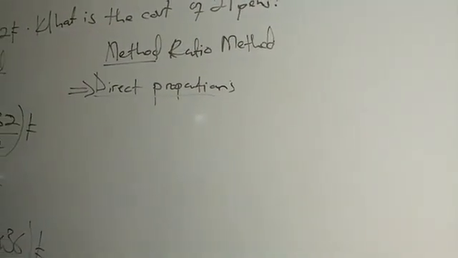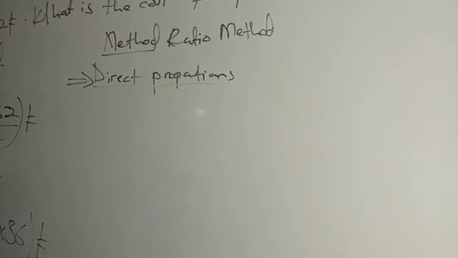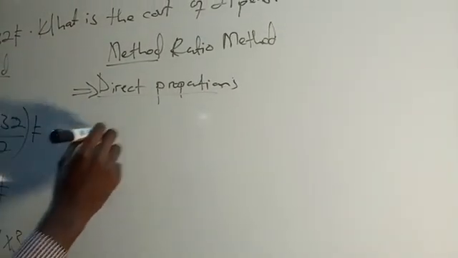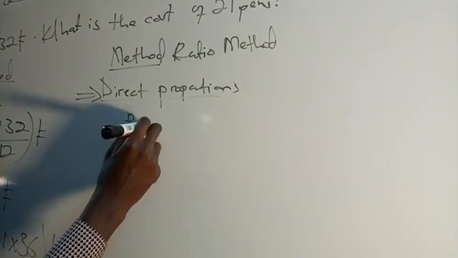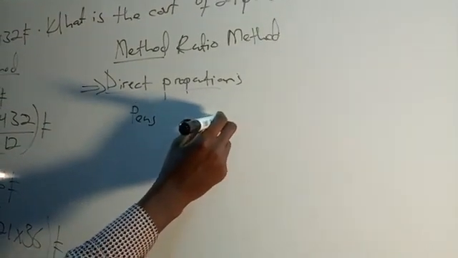So they say that this side will be pence and this one is costs.